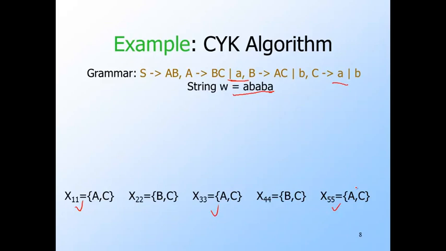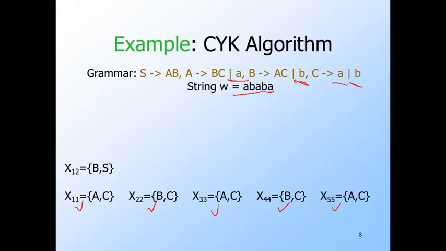For terminal b, we see body b in productions for B and C. That's here and here. Thus, if i is a position of w that holds b, X sub ii will be {B, C}. That explains positions 2 and 4.